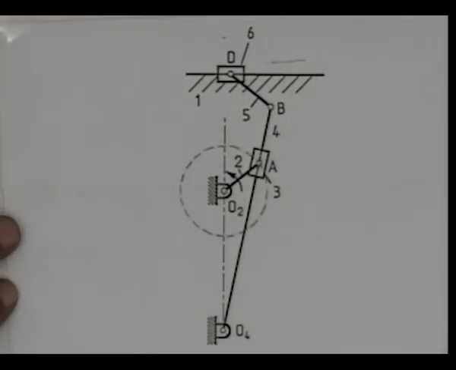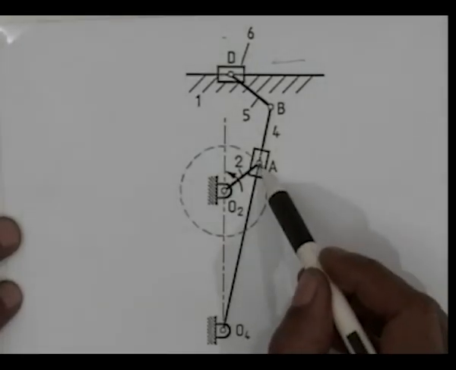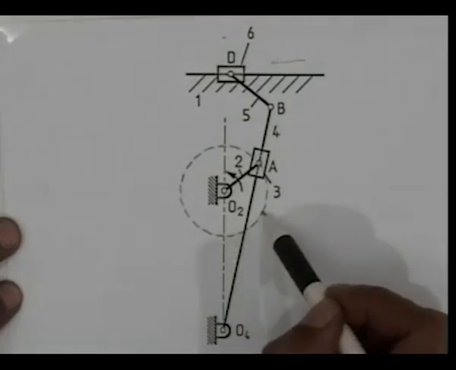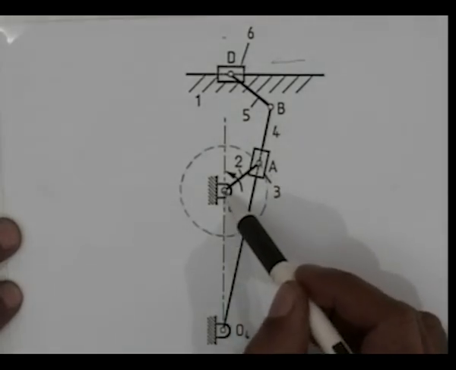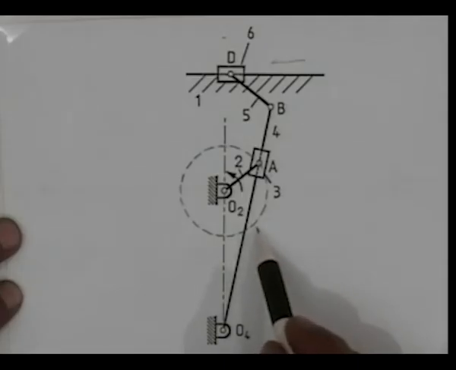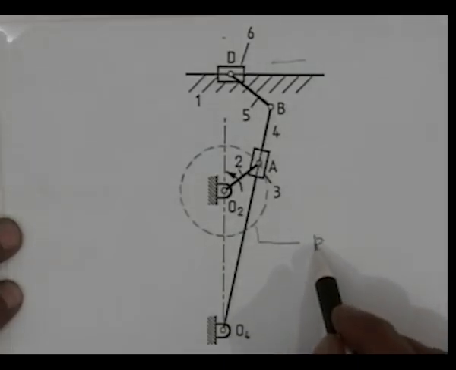To analyze the problem, let me first note that this point A moves along this circle whose center is at O2 and the radius is O2A. That is, this circle represents the path of the point A, and I call it KA.